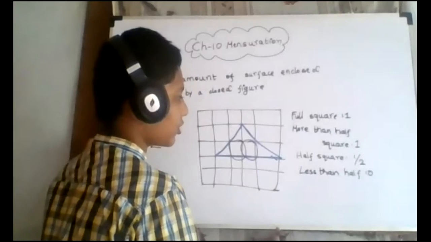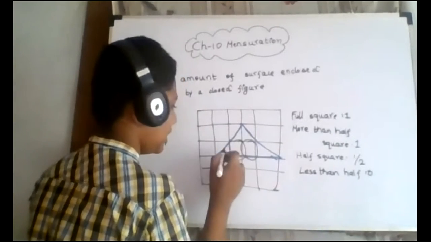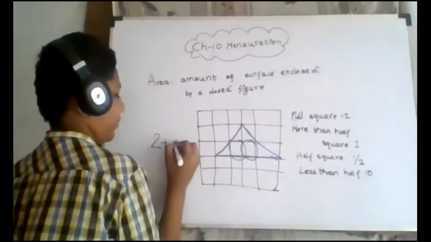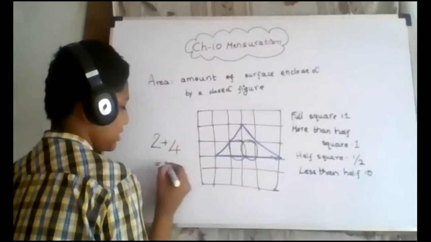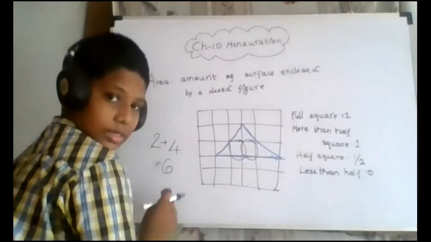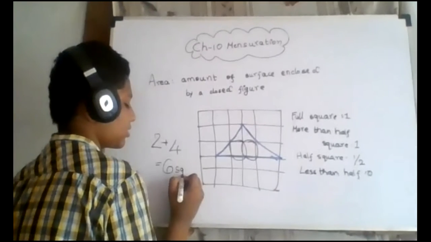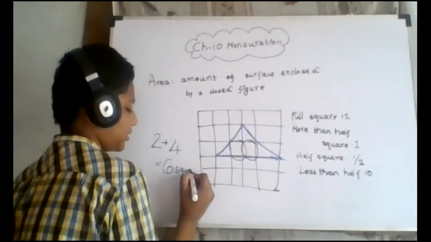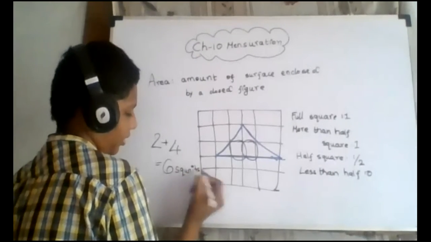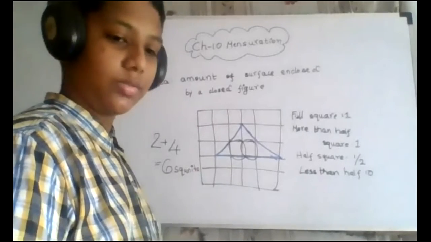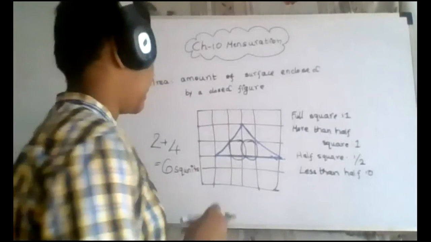So let us go to the next, half squares: 1, 2, 3, 4. So 2 plus 4 is 6. That is 6 square units. Square units we have to write as the unit.